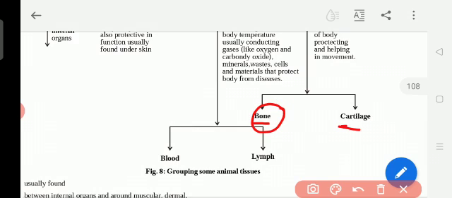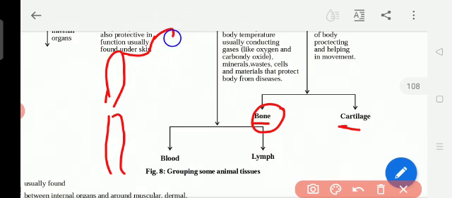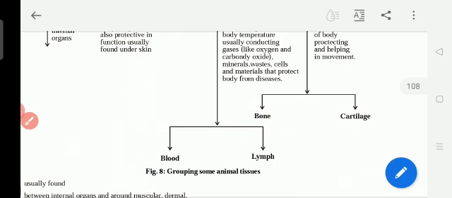Here in the hand, this is the shoulder and here we have the head. And which is connecting this one? Cartilage. Cartilage is which connects the bones.